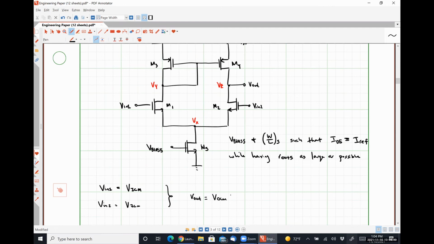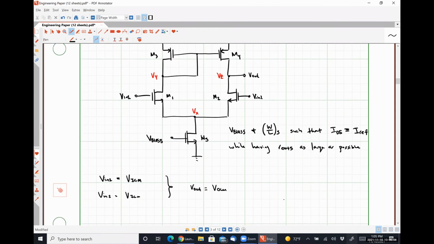Okay, so effectively, we're going to see that our output signal has a DC operating point associated with it as well, which is a consequence of having a single-ended output here.